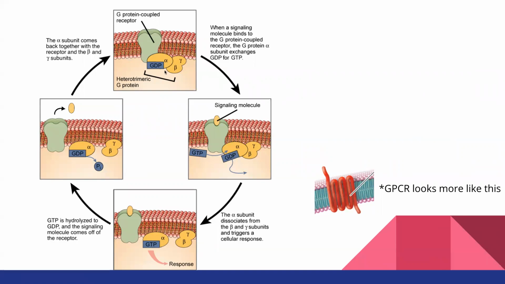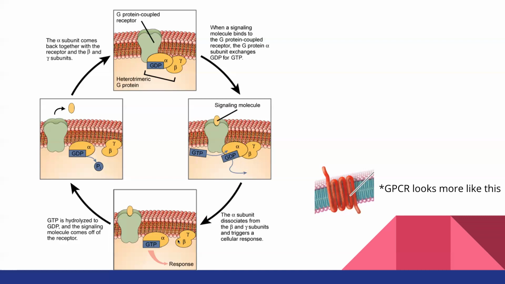In this form, it is waiting for a ligand or signaling molecule to bind to the receptor. After a signaling molecule binds, we have activation of the G alpha subunit. That happens by GDP dissociating, and then GTP diffusing in. After GTP diffuses in, the G alpha subunit dissociates from the receptor part, and it's activated.